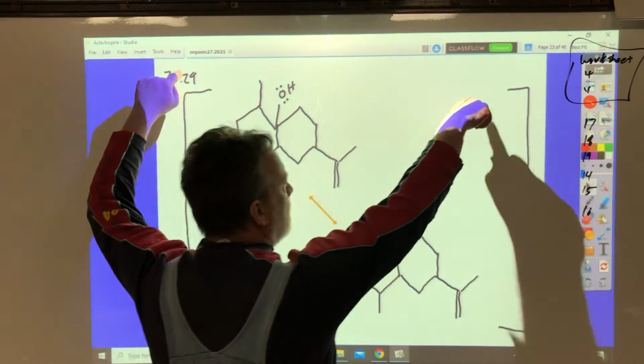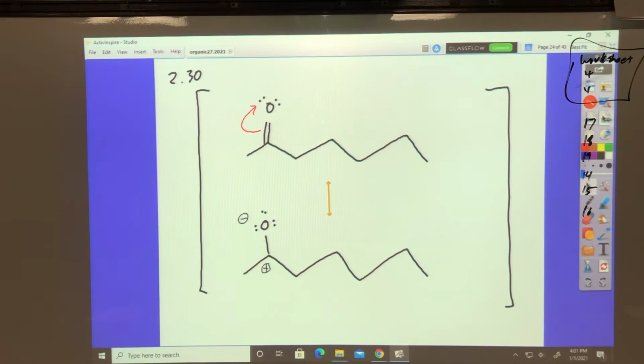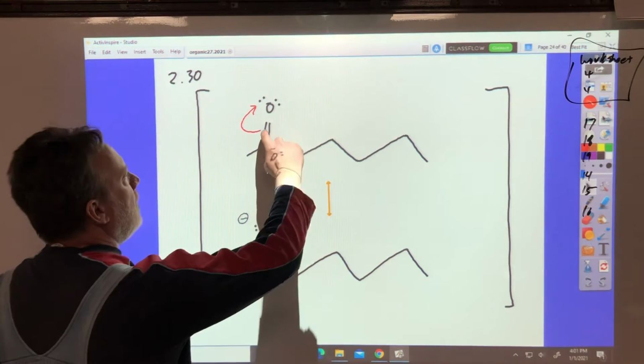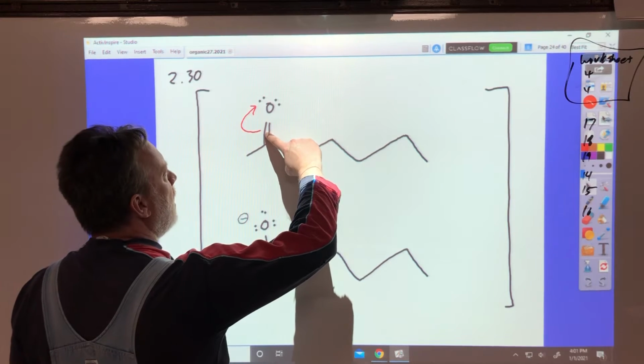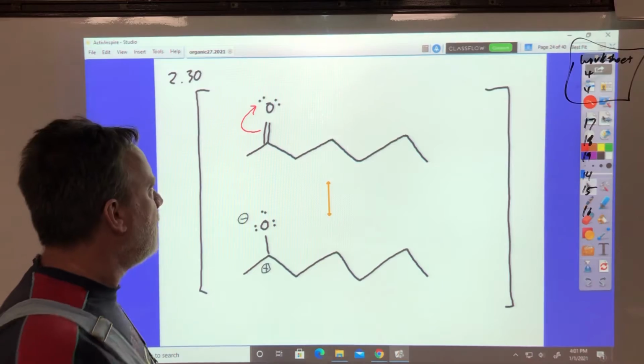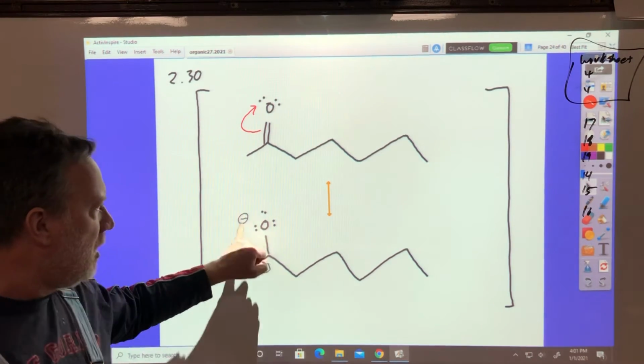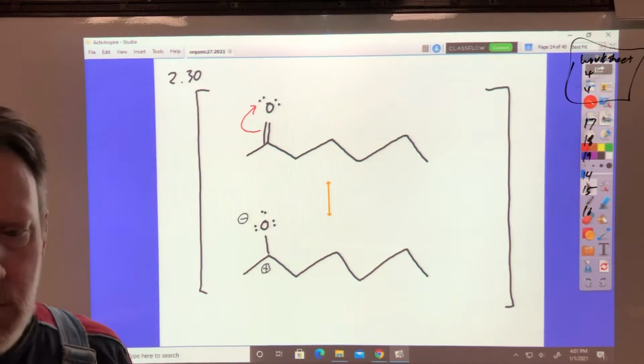In resonance: brackets, double-headed arrow. Same thing here: a double bond, an electron pair comes out and goes to the more electronegative atom compared to carbon, compared to oxygen, leaving this negative formal charge and this positive formal charge.